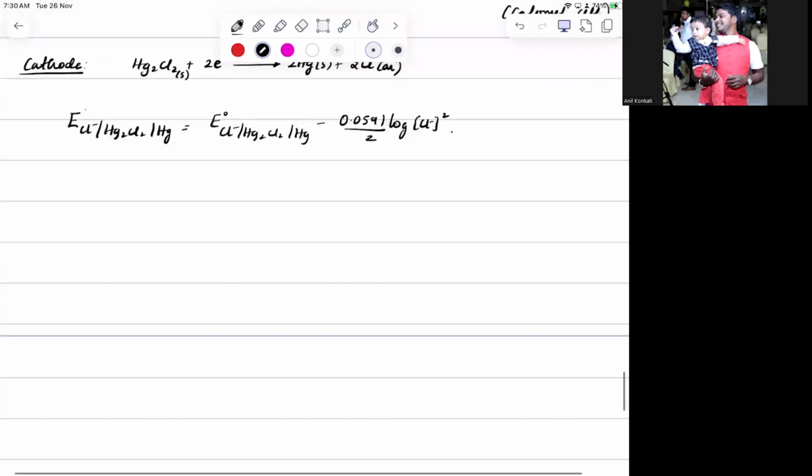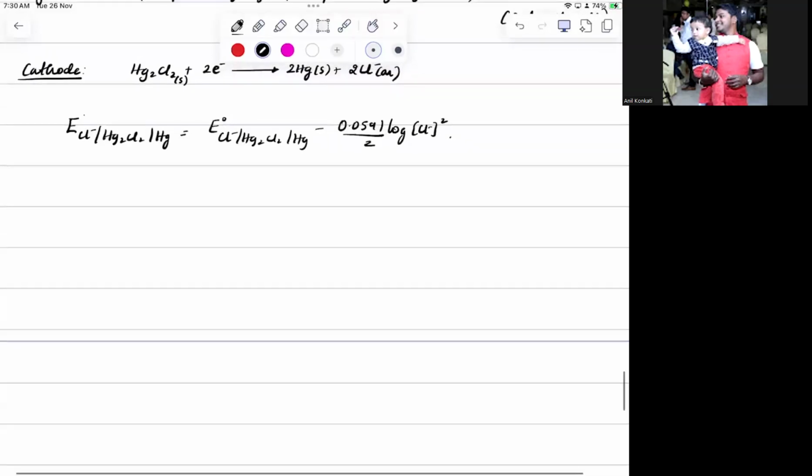Whenever the calomel cell is being taken, it is identified by different natures. One is called the normal calomel electrode.